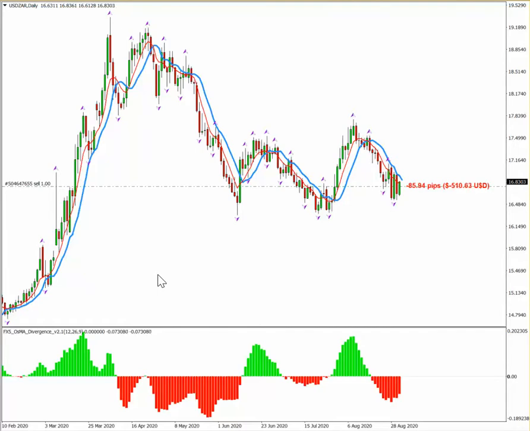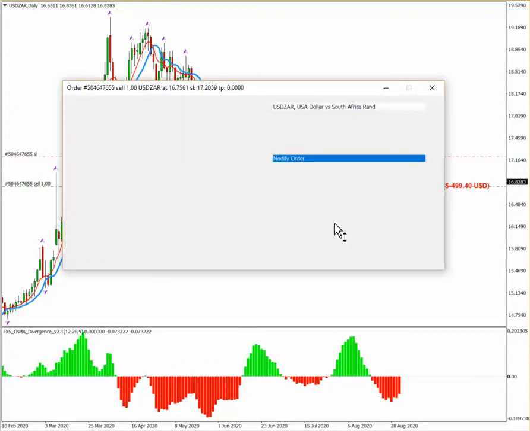We have US dollar versus South African rand. The good setup was somewhere here. We missed that. I kind of entered too late, and now I'm stuck in this inside bar consolidation, losing money. Hopefully things will keep going in my direction.